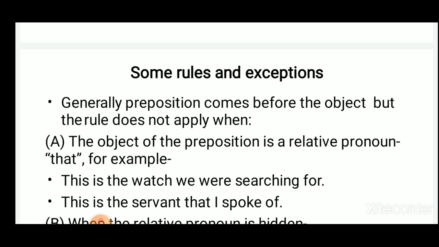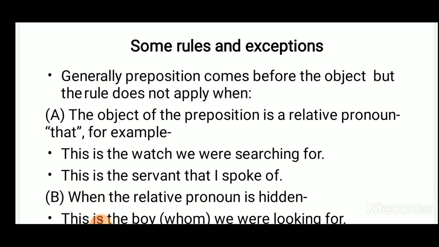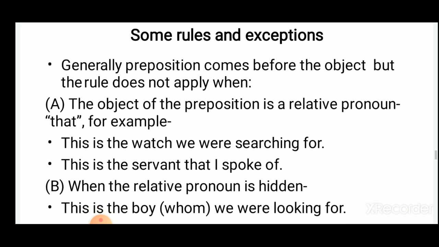Some rules and exceptions. Now we are showing you some rules and their exceptions. Generally, prepositions come before the object, but the rule does not apply when the object of the preposition is the relative pronoun that. For example, this is the watch we were searching for.